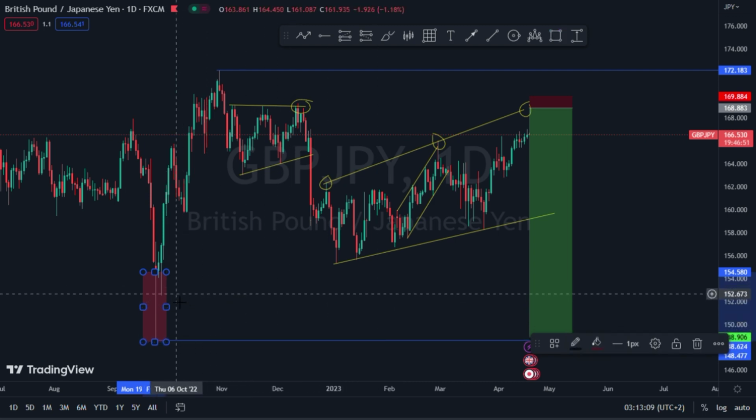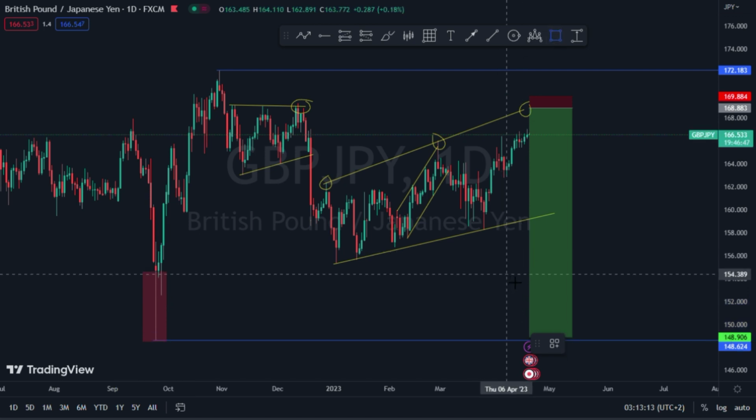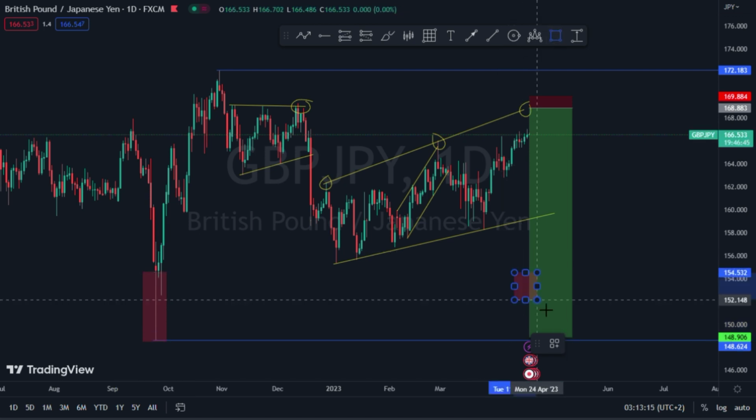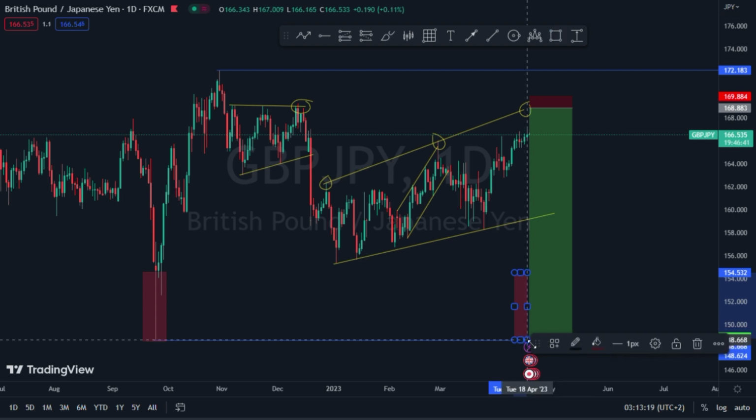That candlestick rejection being this, from this area up until these areas right here. So that is what I expect from this GBPJPY.